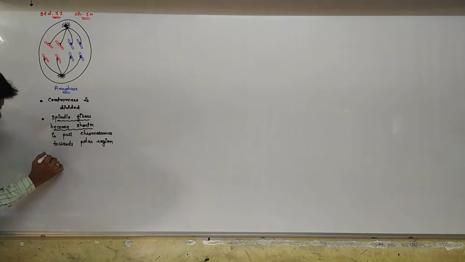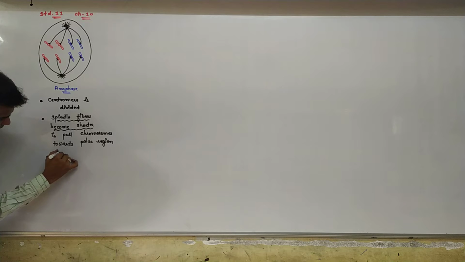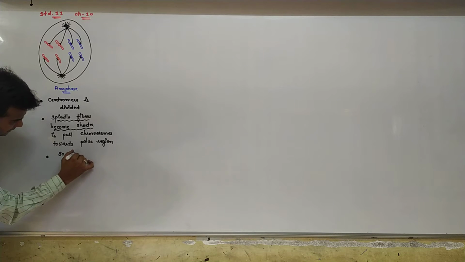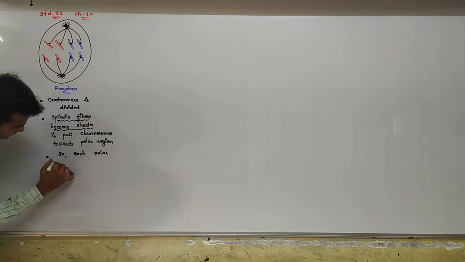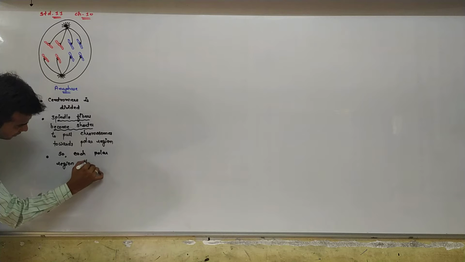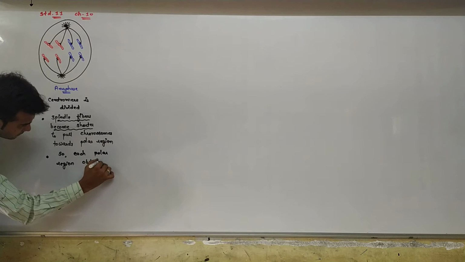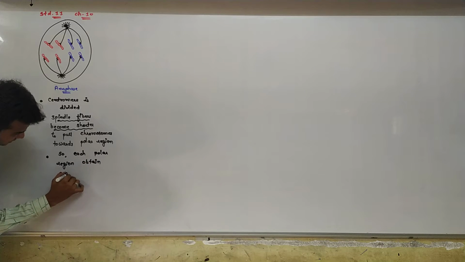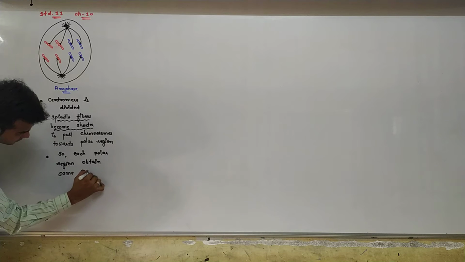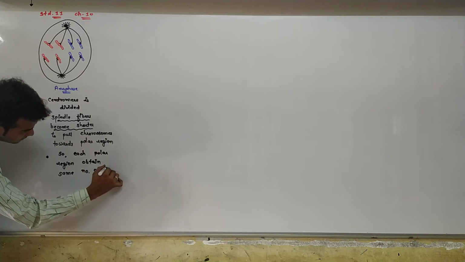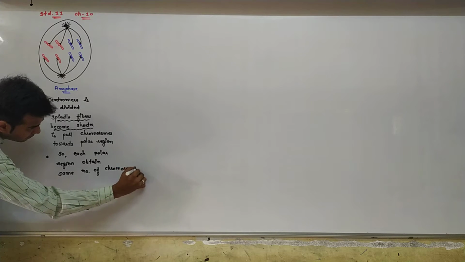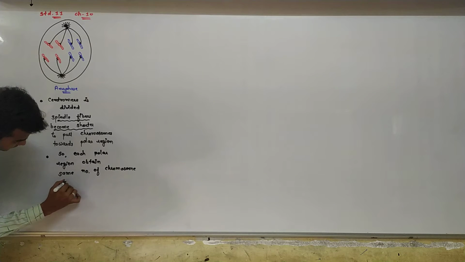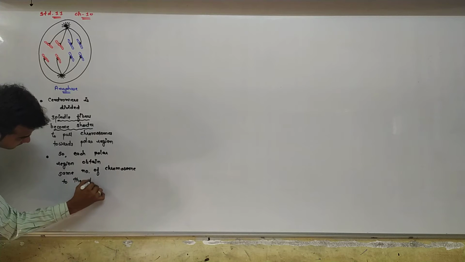Fine. So each polar region obtains the same number of chromosomes as the parental cell.